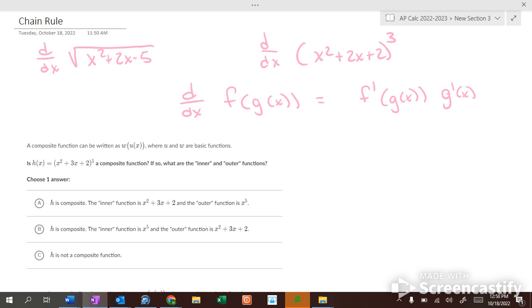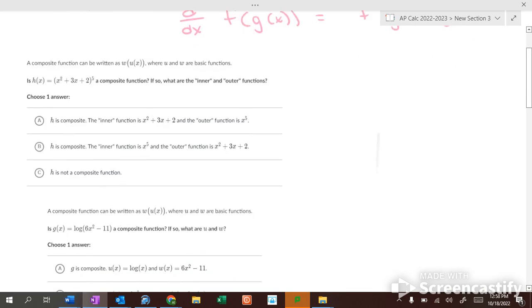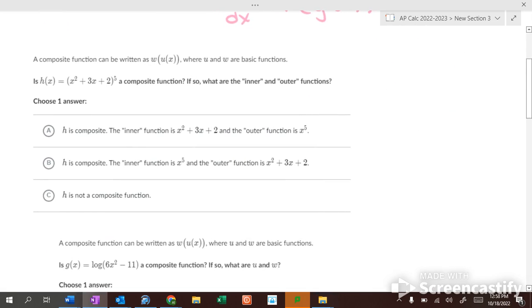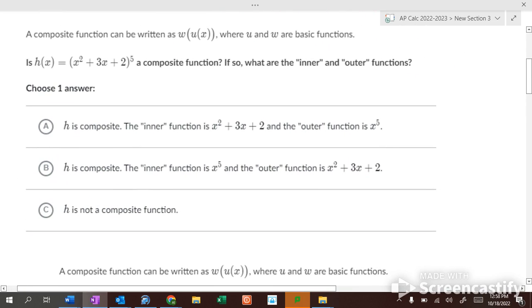Okay? All right. And you go, what? You'll figure it out once I start doing some problems. Okay? But before we can do that, we have to figure out if these are composite functions or not.